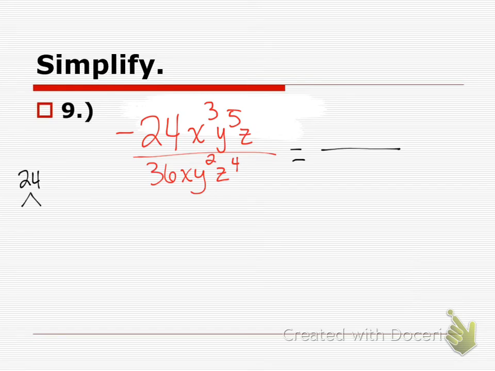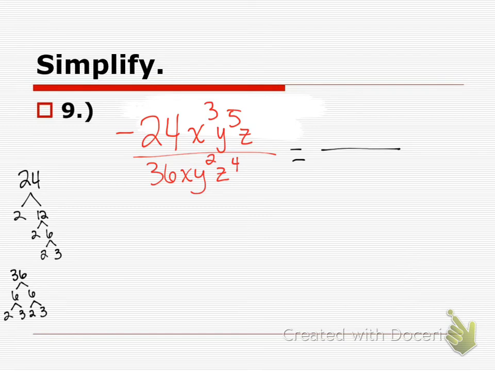What could I break 24 into? 2 and 12. 12 breaks into 2 and 6. 6 breaks into 2 and 3. We could also make it for 36. 36 breaks into what? 6 times 6. Each 6 breaks into 2 and 3.